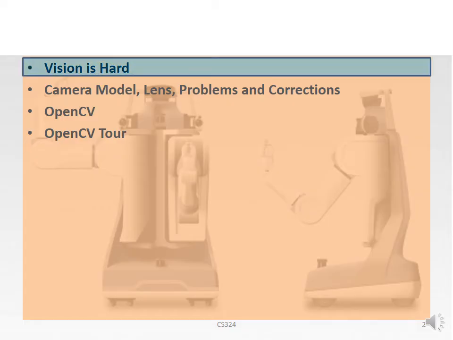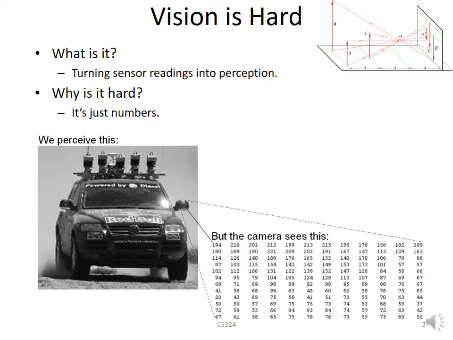First, I will explain why the study of vision is difficult. The study of vision is the study of changing the input from the camera sensor to recognition. The reason this mission is difficult is that the input signals from the camera are all a set of numbers.